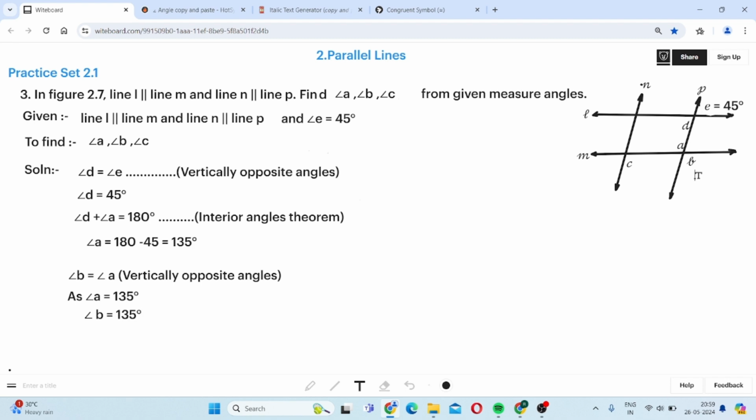So angle B and C are congruent because of corresponding angles. Angle B is equal to angle C, that is because of the corresponding angles theorem. Right? Therefore angle C is equal to 135 degrees.